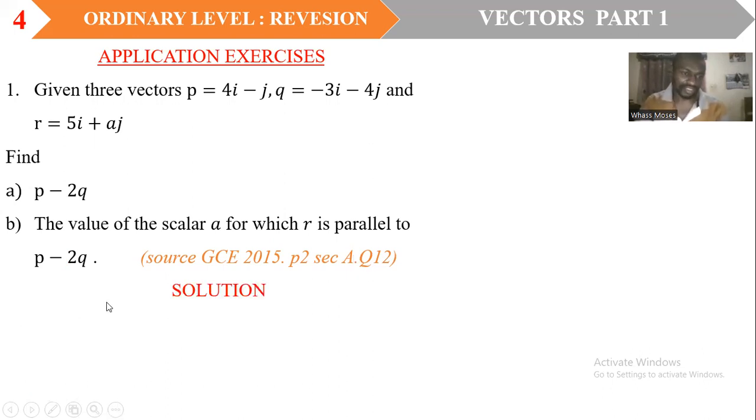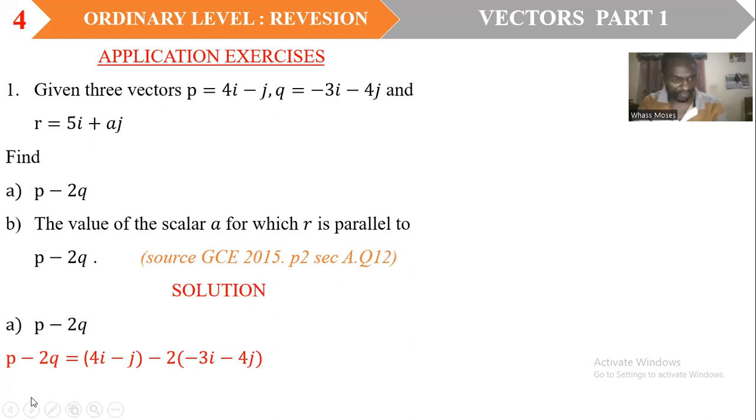Now, as a solution, part a says we should find the vector p minus 2q. We know the vector p, we know the vector q. We just replace those vectors. p minus 2q is equal to, we replace p by the vector 4i minus j, and we replace q by the vector negative 3i minus 4j.